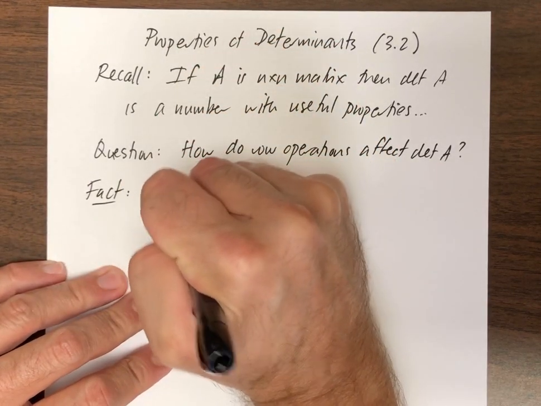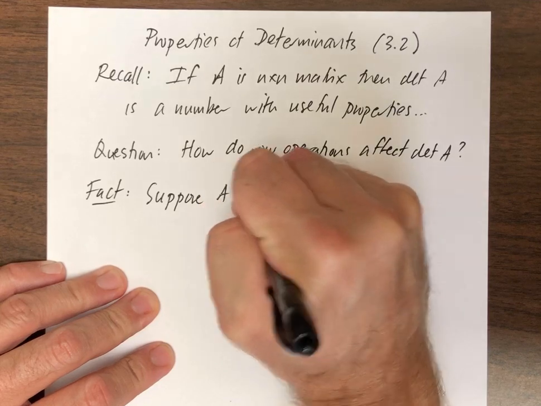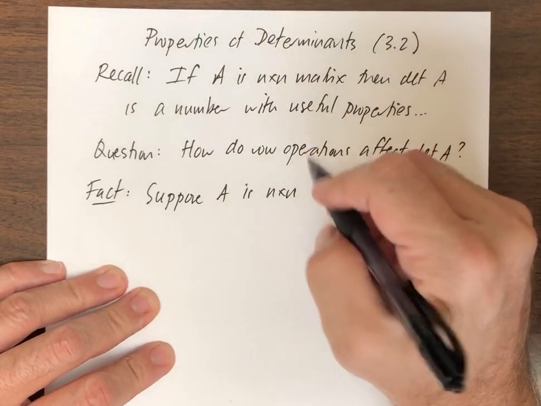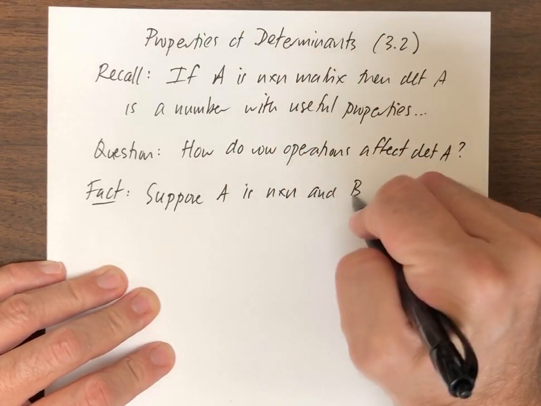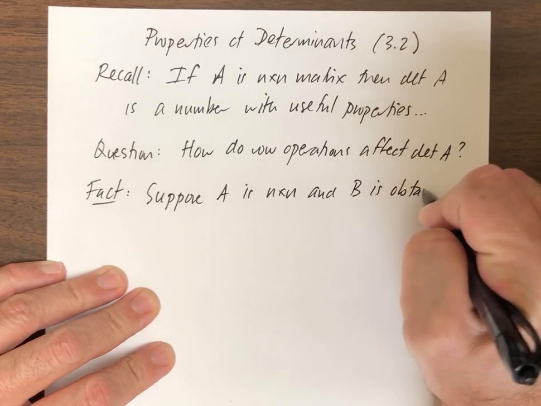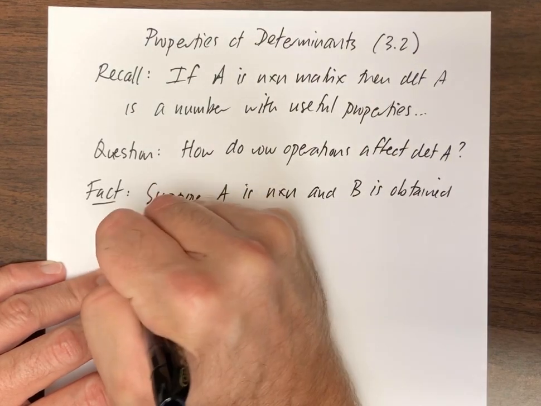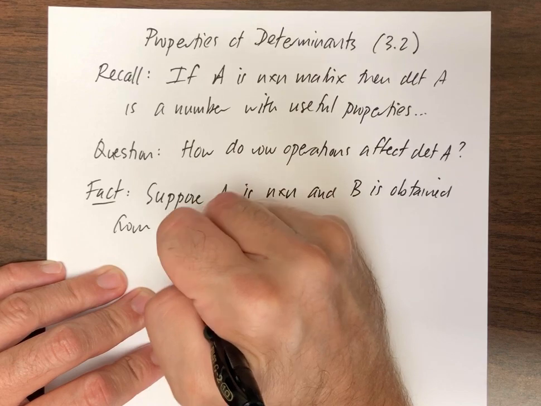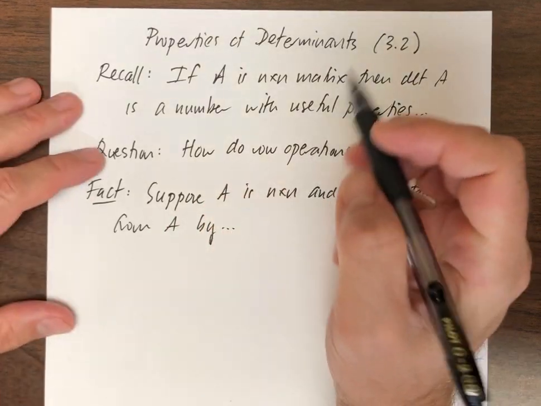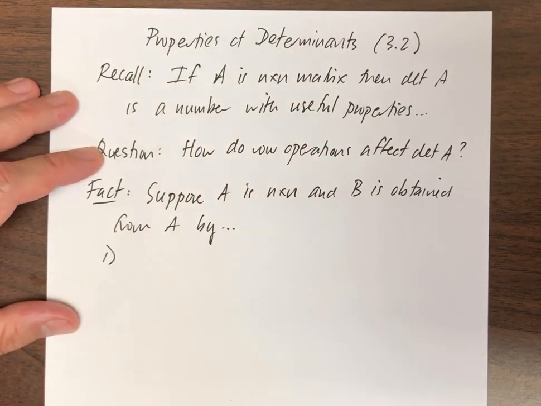So let's say, suppose A is an n by n matrix, and B is obtained from A by, let's see, so there's three things we can do, right? The first thing is our favorite one.